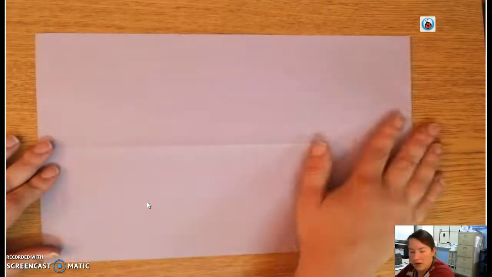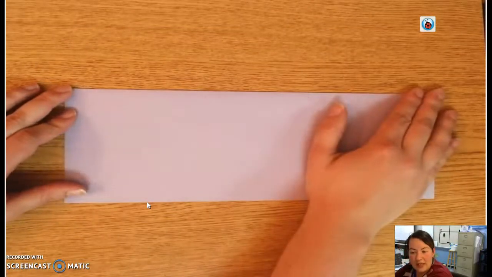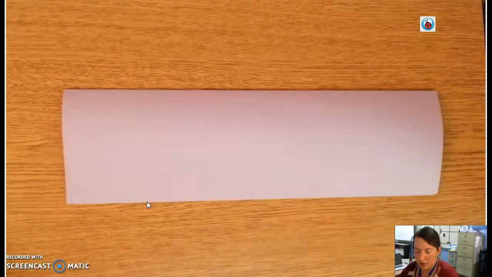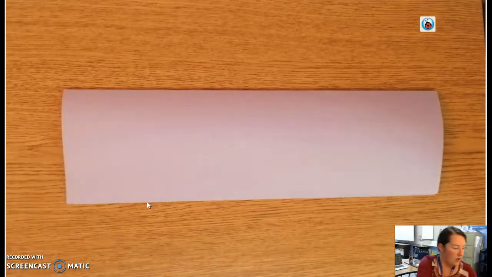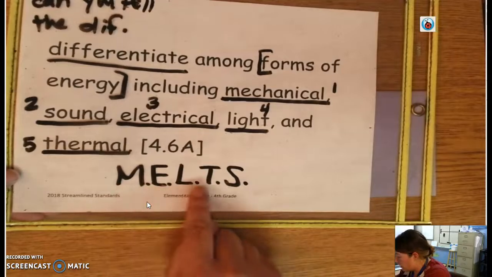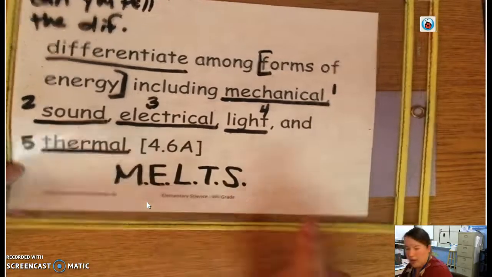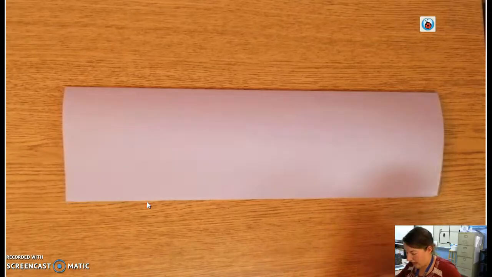On our sheet of paper, I'm going to fold it in half horizontally. That's going across, or some people call that hot dog style. I'm going to fold that up horizontally, and we're going to make different sections. Here I have melts, 1, 2, 3, 4, 5 different letters, so I'm going to make 5 different flaps.